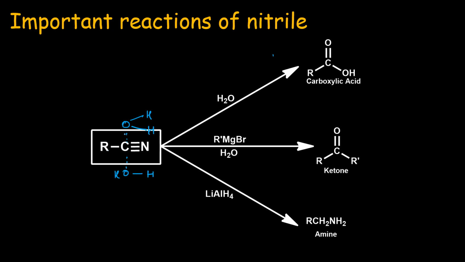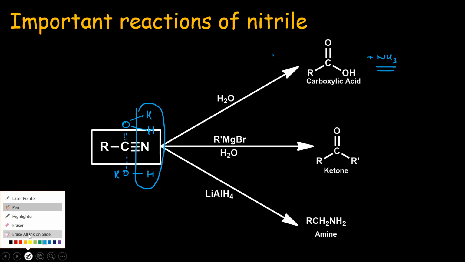You can see a double bond forming between carbon and oxygen, and an OH bond forming between carbon and oxygen here. This NH3 will go as it is. So you get carboxylic acid, and NH3, ammonia, is formed. If you add water to nitrile, you will get carboxylic acid.